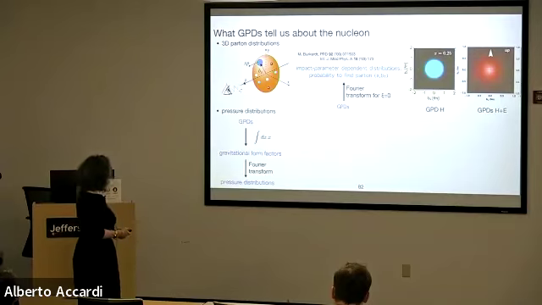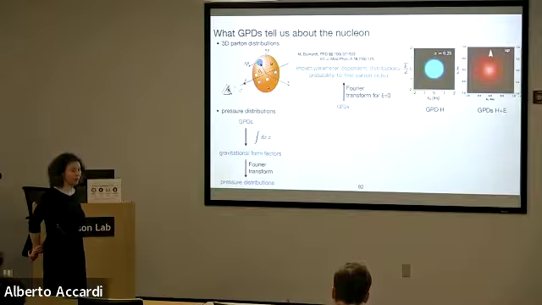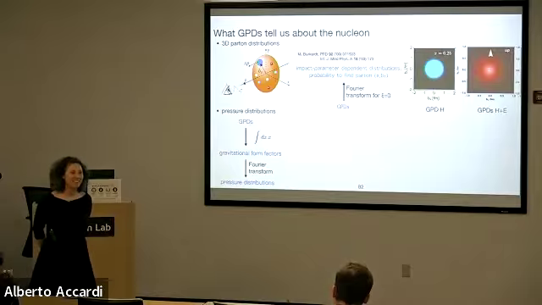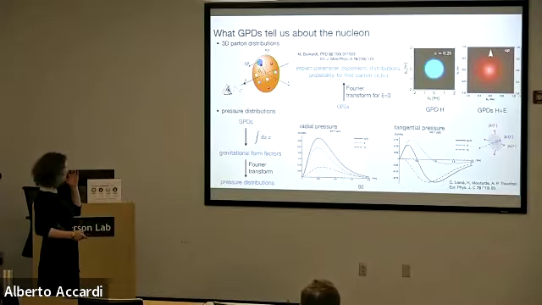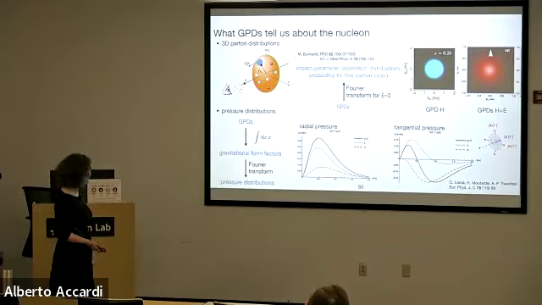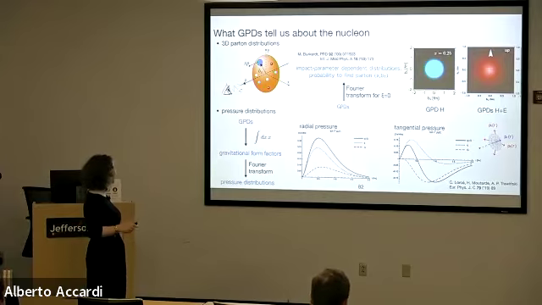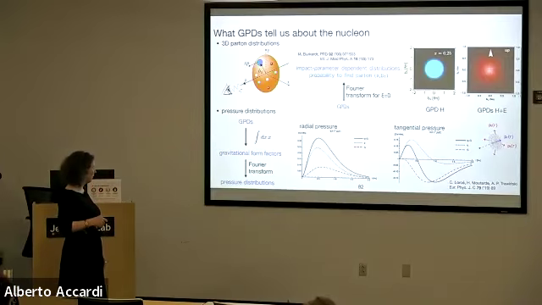Okay, but then these GPDs are also related to the gravitational form factors. I think you had lectures about this, so you know much more than me. You learn something about the pressure distribution inside your nucleon and the shear forces. There have been preliminary studies, or first studies, done on this using information that is available. Of course, one has to be always very careful with interpretation.